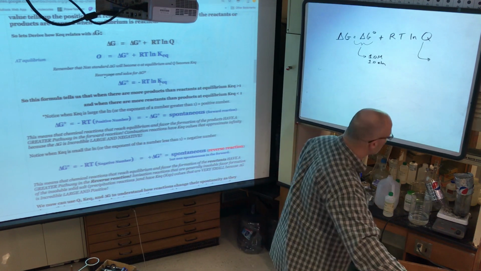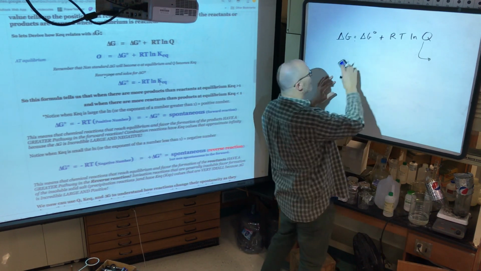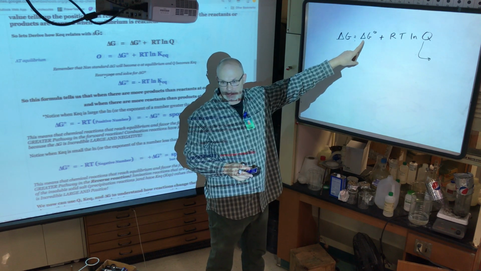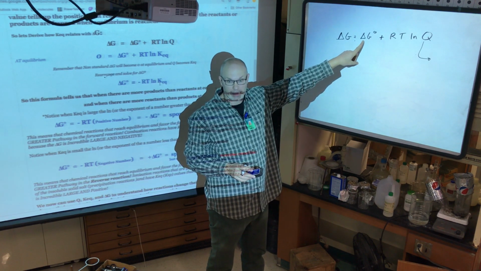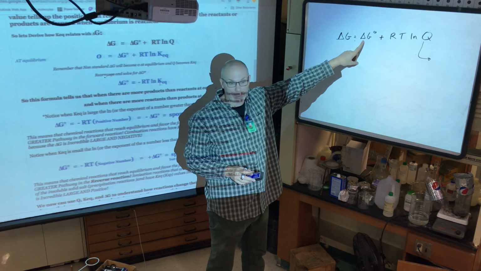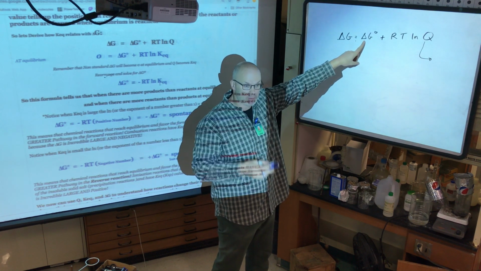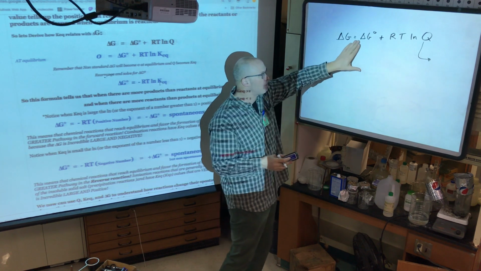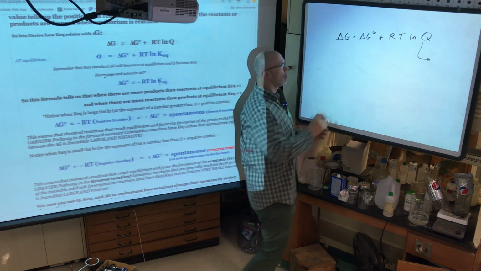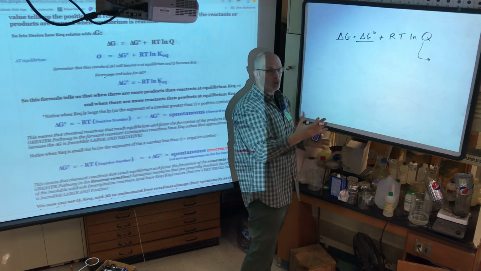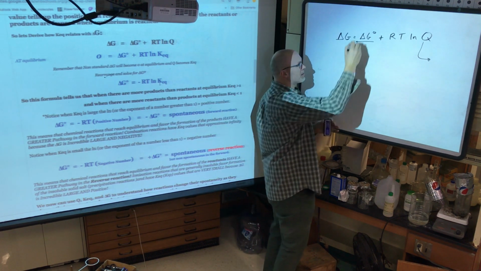Remember the limitation. As great as delta G standard is, and we know what that represents, it really represents a total entropy change of the universe. It tells us about the free energy released or absorbed, and whether something's spontaneous or not. That's beautiful, but it becomes almost worthless because we're never at these conditions. Not worthless, though, because we still have a baseline.